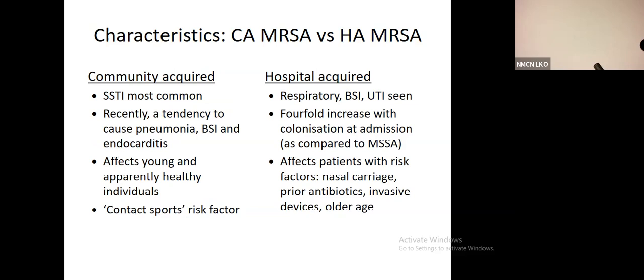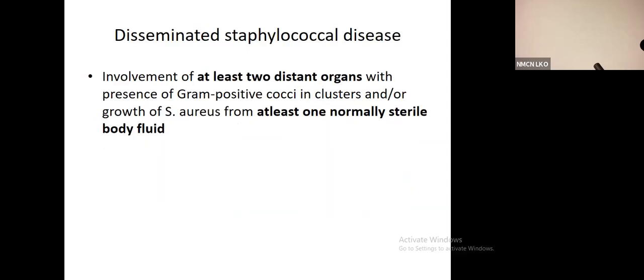Recently, there is a tendency to cause bloodstream infection and endocarditis, affecting young and adolescent individuals. Contact sports is supposed to be a risk factor. This is all Western literature. Indian community acquired staph aureus has not been defined, so I would not subscribe to that. So with that, I think I will stop.